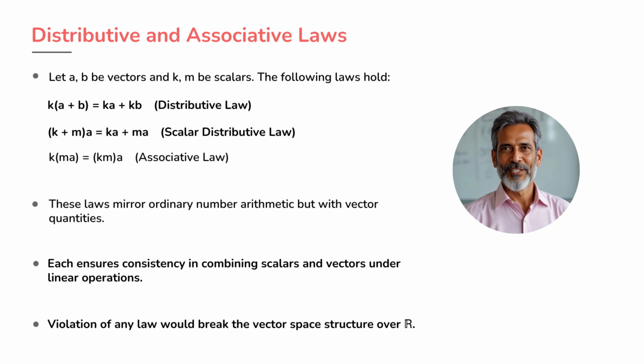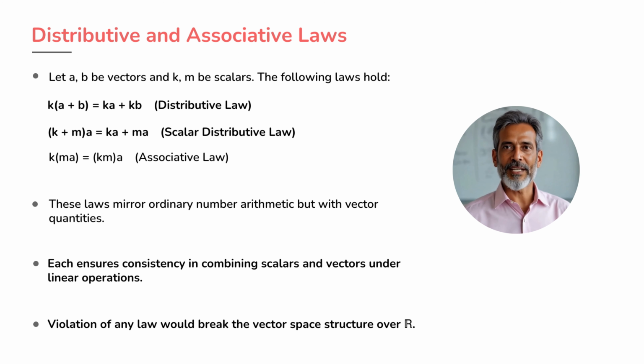Now, mathematicians love order, and vectors follow some beautiful rules when combined with scalars. Let's recall them. 3 golden laws that make vectors behave like good citizens in algebra land. 1. K into bracket A plus B bracket equals Ka plus Kb, that's distributive law. Multiply first or distribute later, same result. 2. Bracket K plus M bracket A equals Ka plus Ma, that's scalar distributive law.